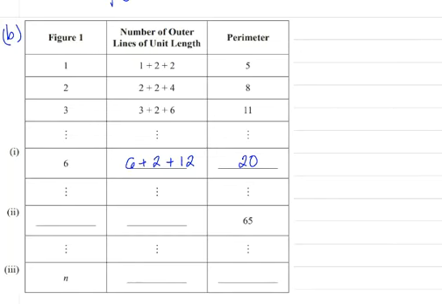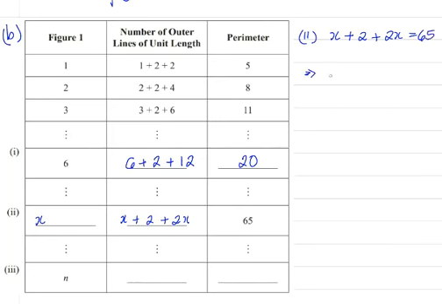We don't know what the figure number is, so let's call it x. So in here it would be x plus 2 plus 2 times x, which is 2x, and this is equal to 65. So let's do some calculation. We have x plus 2 plus 2x is equal to 65.